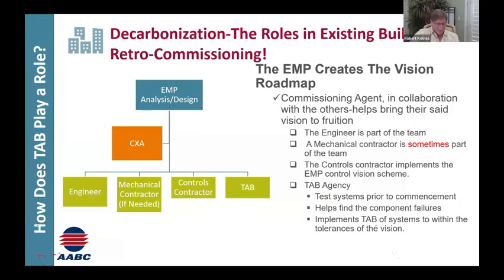What do you think? Well, listen, Al, if I was fortunate enough to become a part of your team, it would certainly be a smart decision by you to select me first off, but I'd be a key and integral role in the retro-commissioning process.